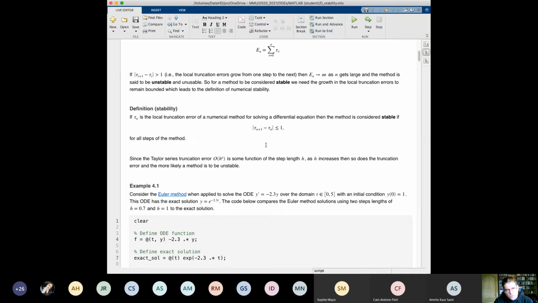This is what we call stability. If our local truncation error at a future step minus our local truncation error at the current step has an absolute value less than or equal to 1, it means our errors do not grow and we have a stable solution.